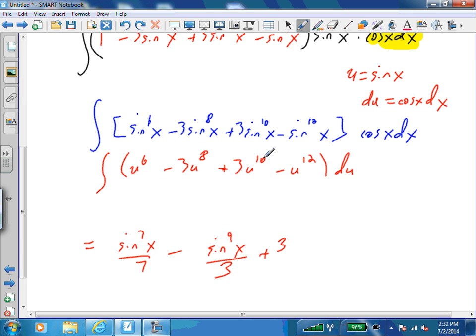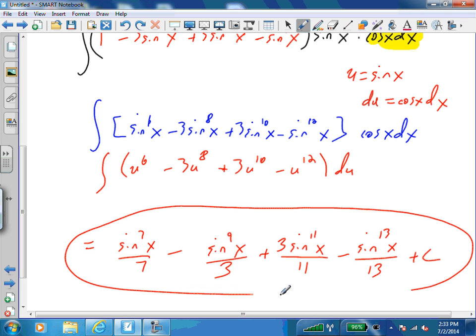Then u to the 1 greater power, so sine to the 11th x over 11, sine to the 13th x, and then plus C.